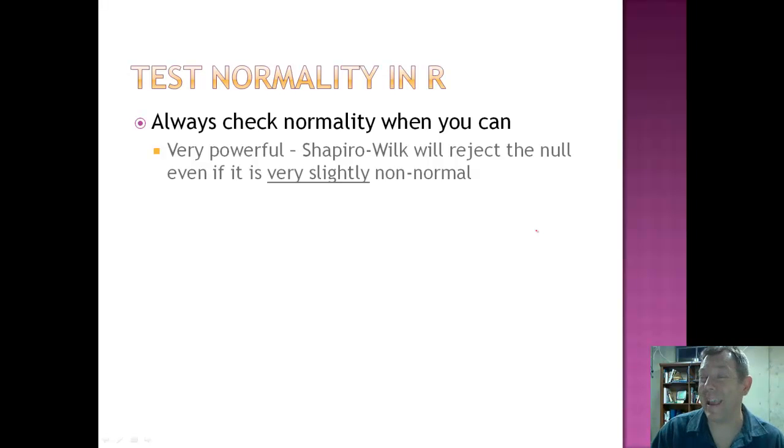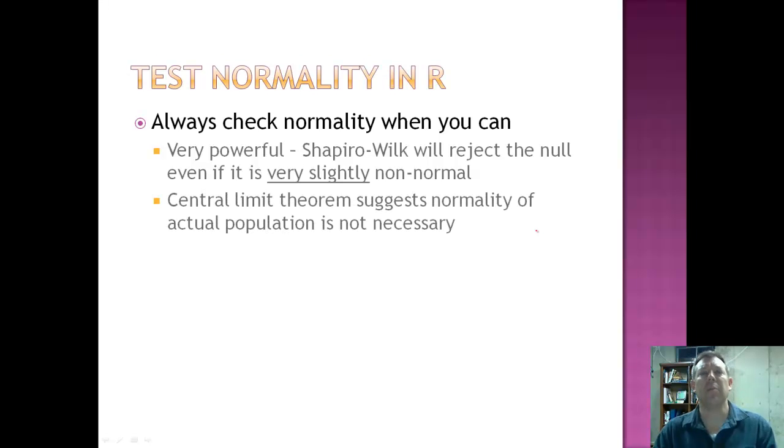Well, that can be a disadvantage. If you run something and it always rejects the null, that may be a little bit too powerful. That may not be very informative. But again, it's a very solid test, and so we're going to continue to use it. Although it's very powerful, it still is a very reliable test.